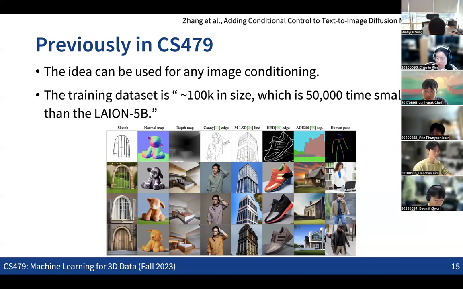So that's the basic idea. Those are all the different applications, like taking a sketch, normal map, depth map, or edge map as the conditional input and generating realistic images.